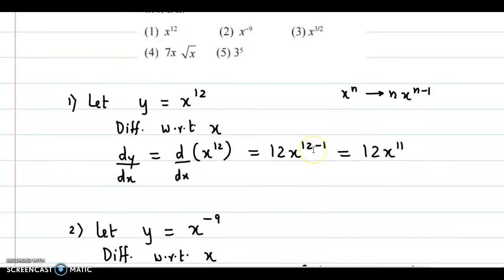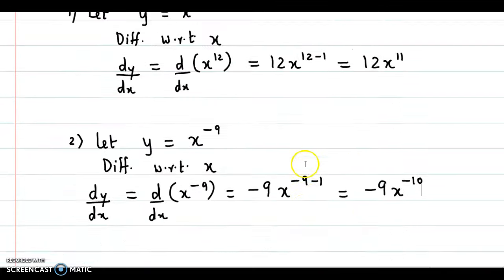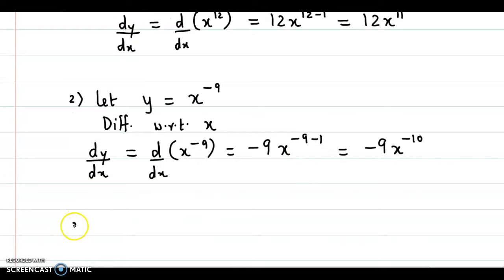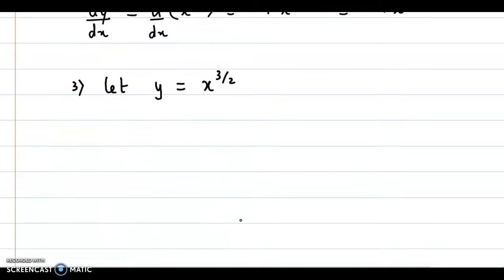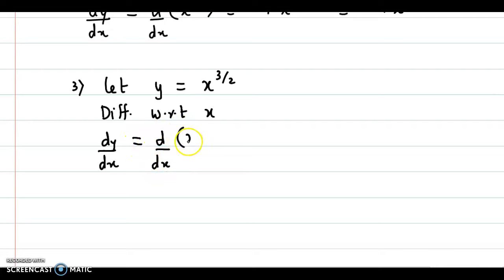Let's look at the third one. It's x raised to 3 by 2. Again we say let y be equal to x raised to 3 by 2. Differentiating with respect to x, we get dy by dx is equal to the derivative of x raised to 3 by 2.